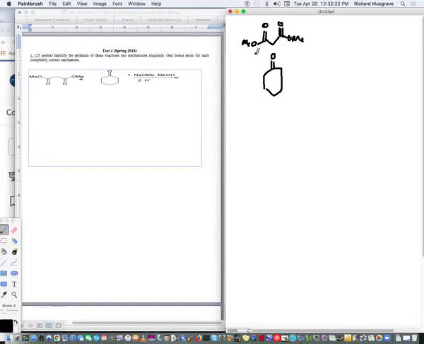So what characterizes it as a Knoevenagel is the fact you've got this dicarbonyl compound and an aldehyde or ketone being reacted with it along with a base over here.